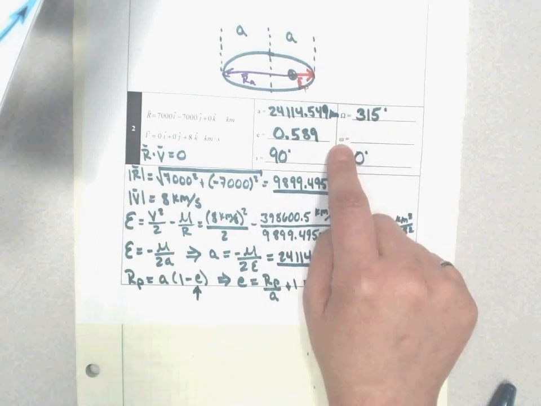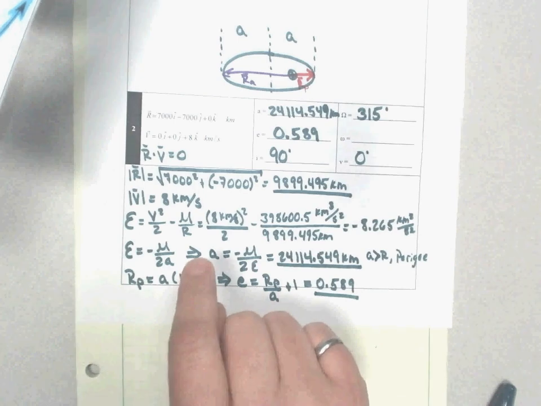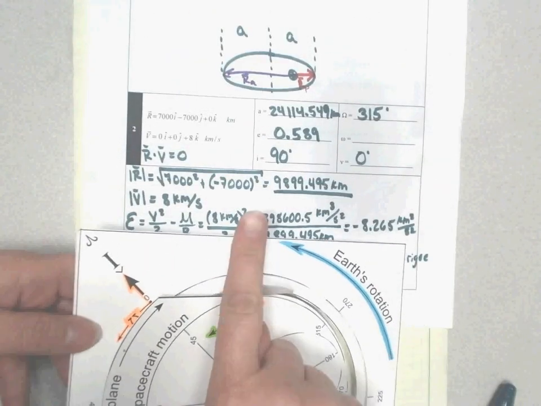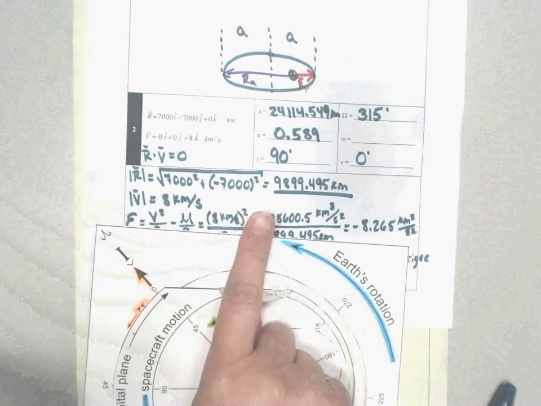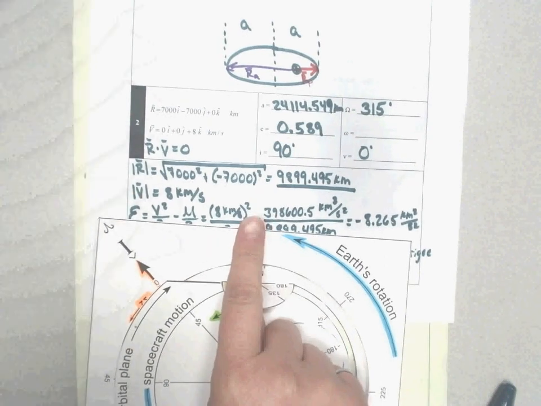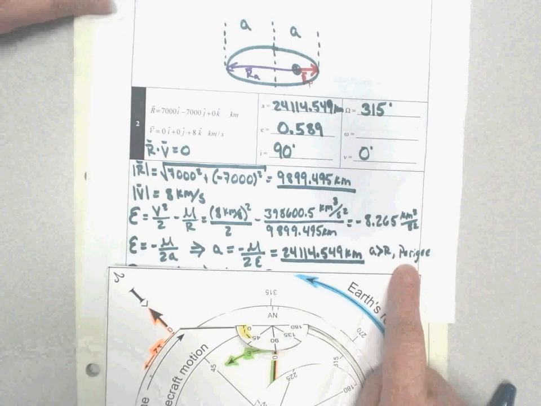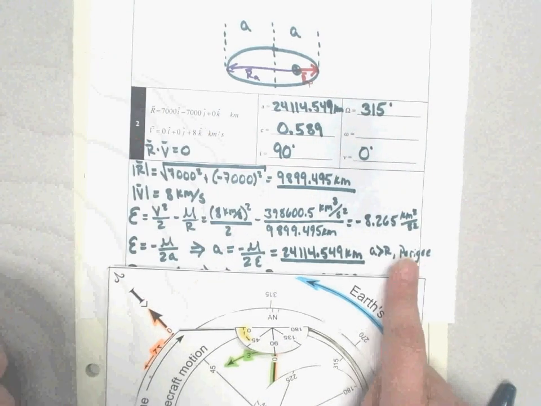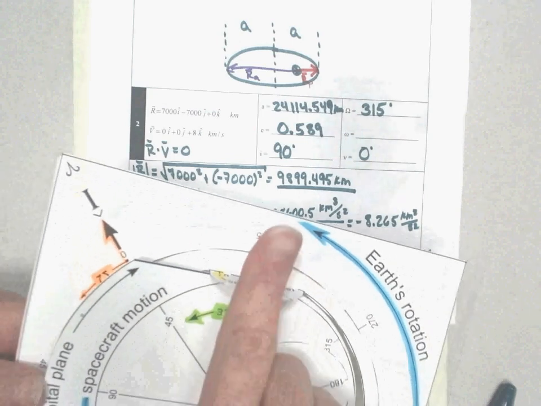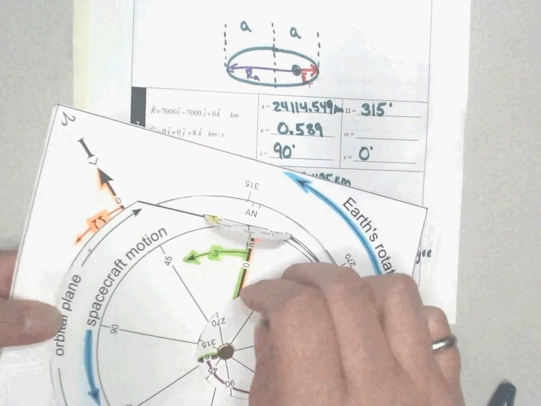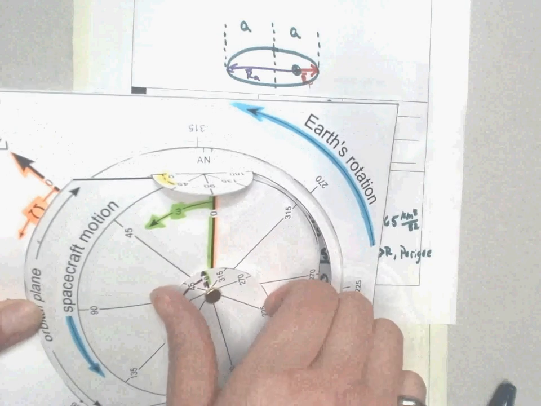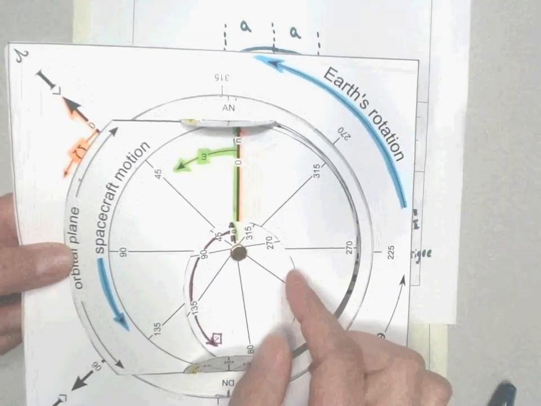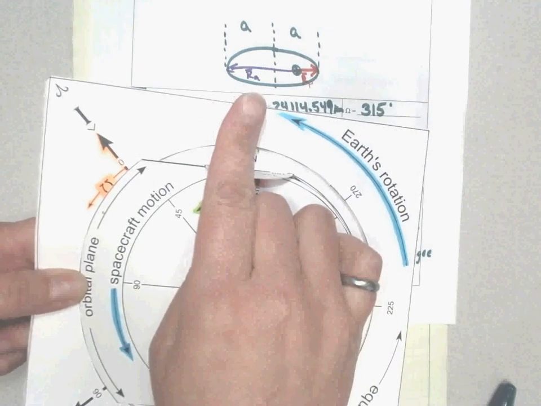But now we need argument of perigee, or small omega. Well, we know that our R vector is pointing between I and negative J, and our R vector is pointing at perigee. We found that by comparing A to R. We're at perigee. So if my R vector is here, and I'm at perigee, I want to point perigee to here. So I just turn this until my perigee also points here.